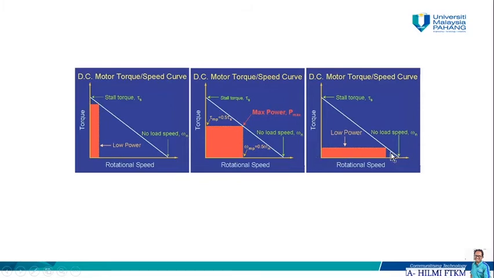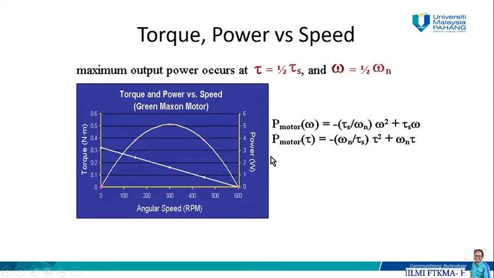And at maximum rotational speed, we also have low power, and the maximum power is going to be produced when the torque and the speed are approximately half of the maximum torque and half of the maximum speed. So this is where the maximum power of the motor can be obtained. So, torque and power versus speed.